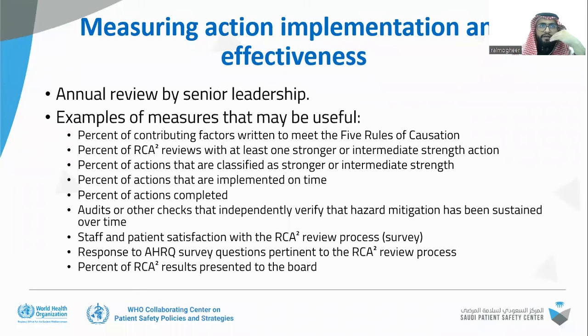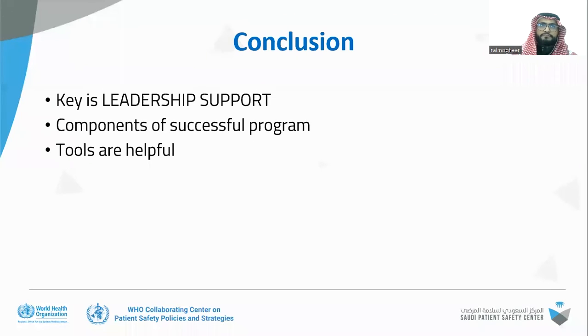Percent of RCA reviews with at least one stronger or intermediate action. This is the opposite of the previous slide, which is the characteristics of an effective RCA. It has some additional points, for example, the percent of actions completed and the percent of actions implemented on time. These give an indication of the quality of the RCA process being done at their organization.